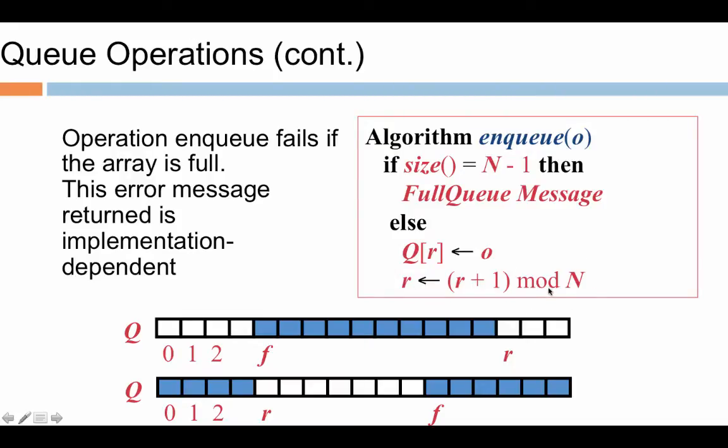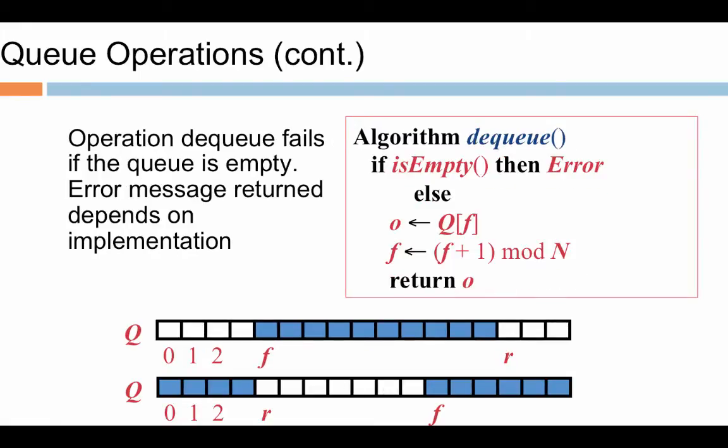This is the crucial thing. When you come here and increment it to n plus 1 modulo n, the remainder will point to the first location. So this is the enqueue algorithm.